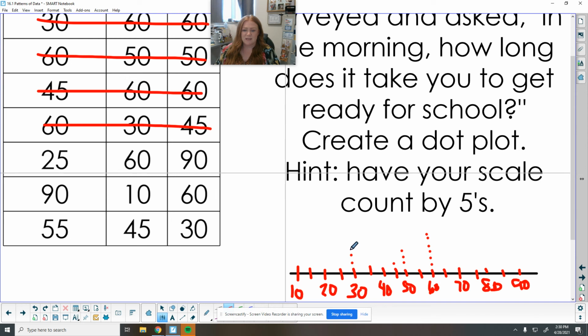So 60, 30, 45, 25, that's a new one, another 60, and all the way to 90, 90, 10, and 60, and 55, down here, 45, here, and 30.